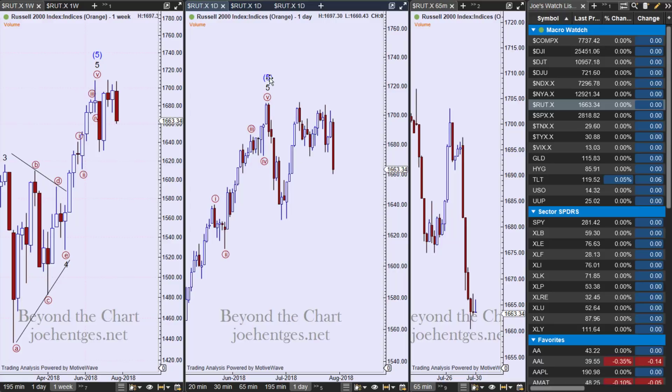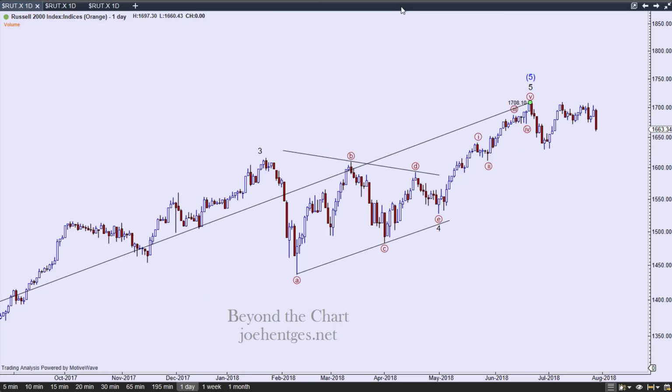I had this marked as the high for the wave 5 high in here, and kept trying to challenge here on the 10th. Challenged again on Tuesday the 24th, and selling just kicked in, and boy, they slammed it on Friday. Okay, so that's the picture.